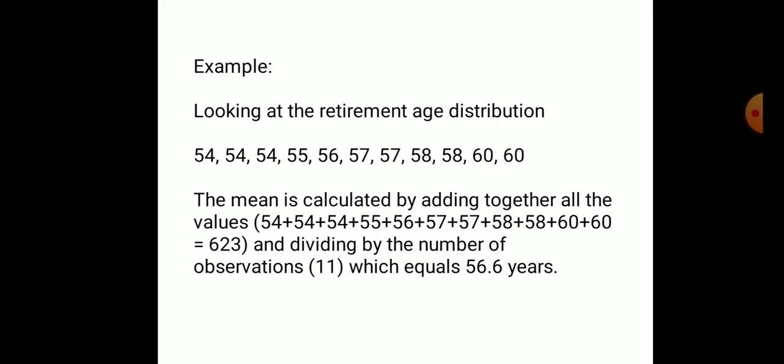The mean is calculated by adding together all the values, from 54 up to 60. The total is 623. Dividing by the number of observations, which is 11, the mean or the average retirement age is 56.6 years.